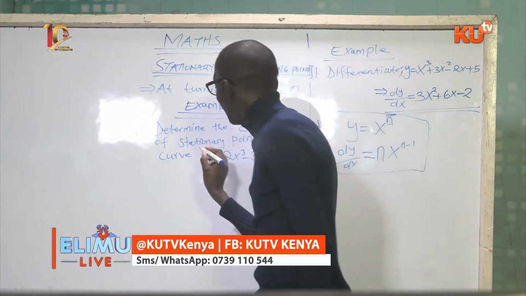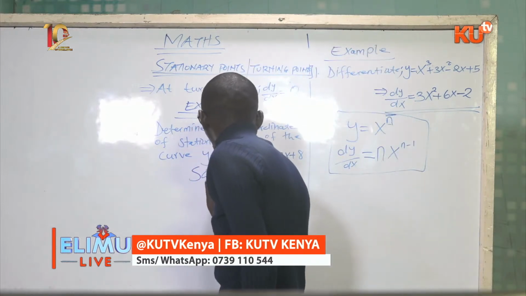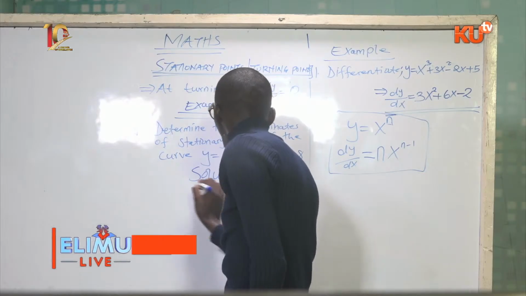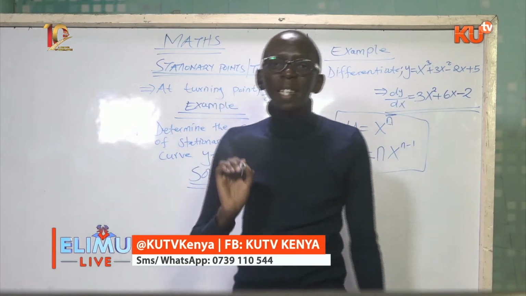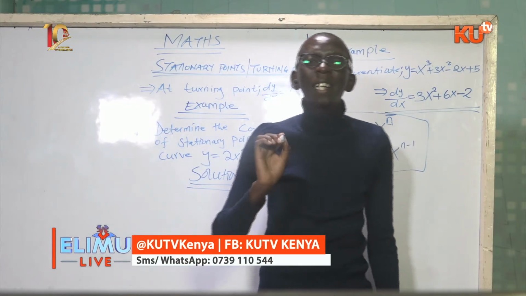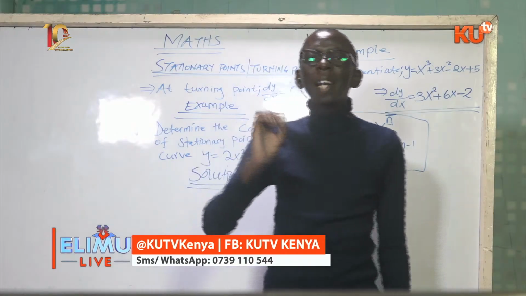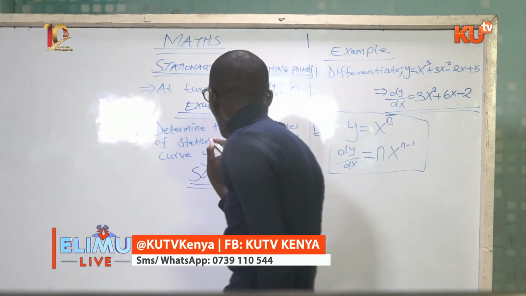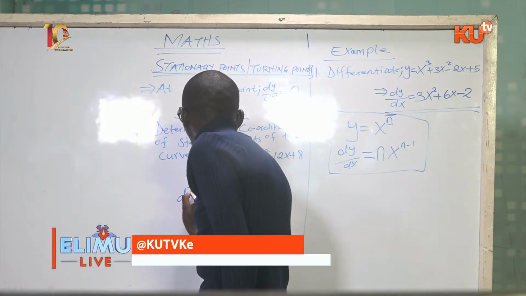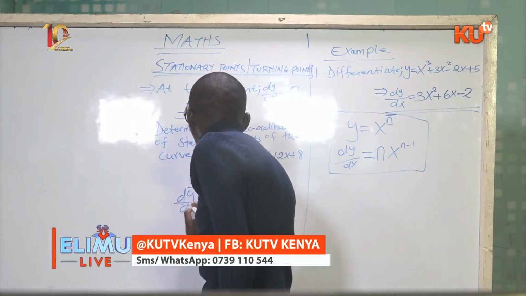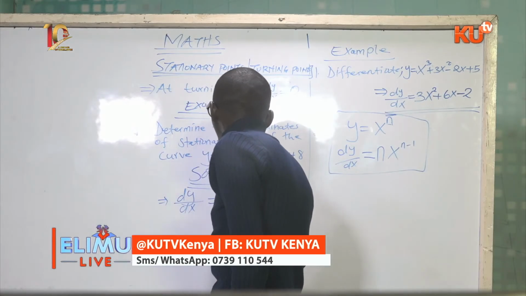So the first step, solution. The first step is to note that at stationary point or at turning point, dy over dx is equal to 0.